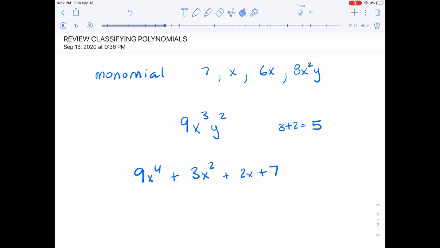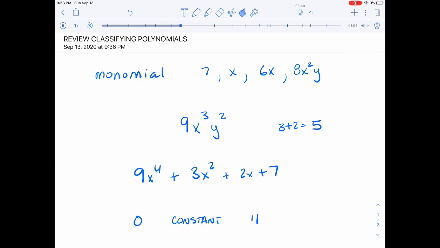The degree 4, then the degree 2, the degree 1, and then a constant is in descending order. So this polynomial is said to be in descending order. A polynomial with 0 degree is said to be a constant, such as 11.